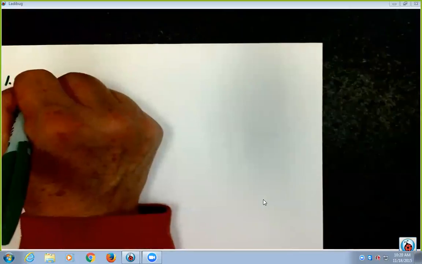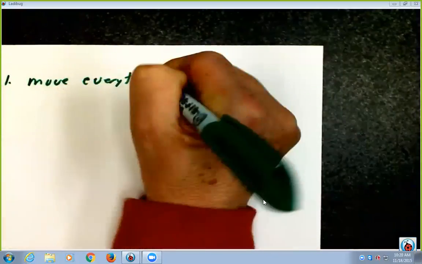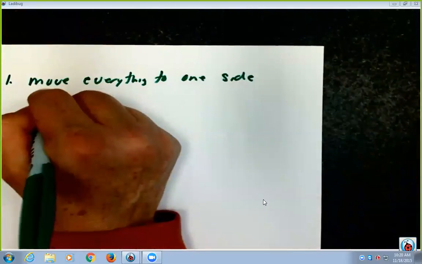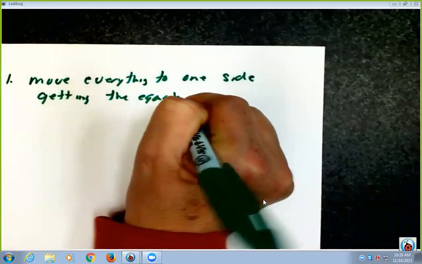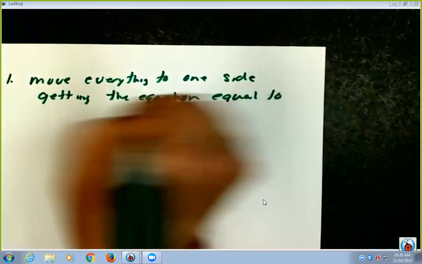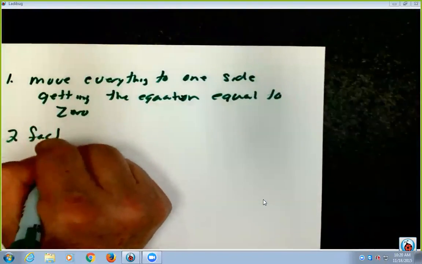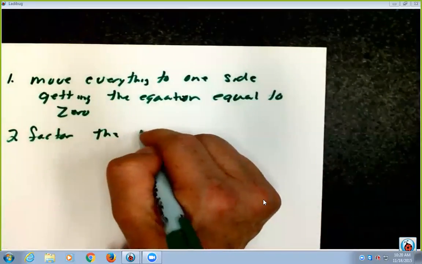So your steps with this one is: Step 1, move everything to one side, getting the equation equal to 0. Step 2 is factor the one side.